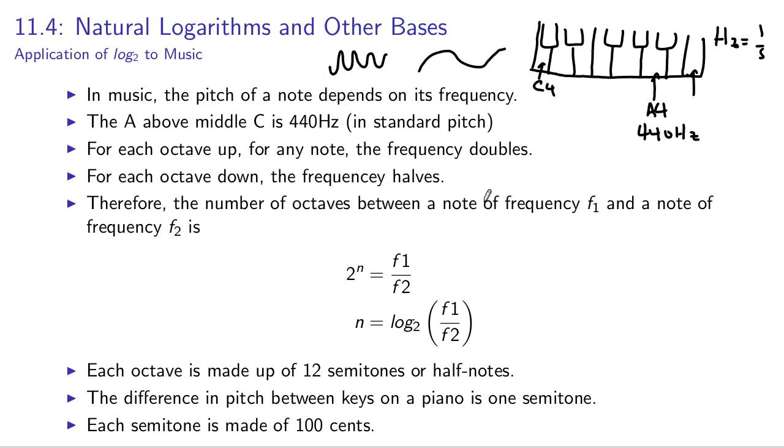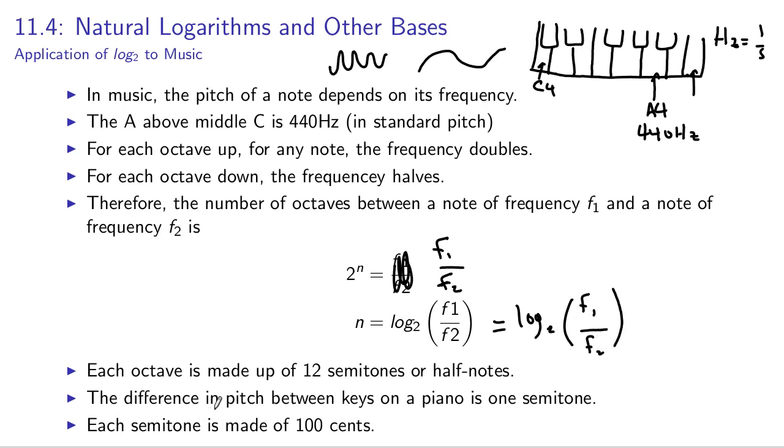So the number of octaves between a note of frequency F1 and a note of frequency F2 is, 2 to the n is F sub 1 over F sub 2, and taking the log base 2 of both sides, we get n is log base 2 of F sub 1 over F sub 2.